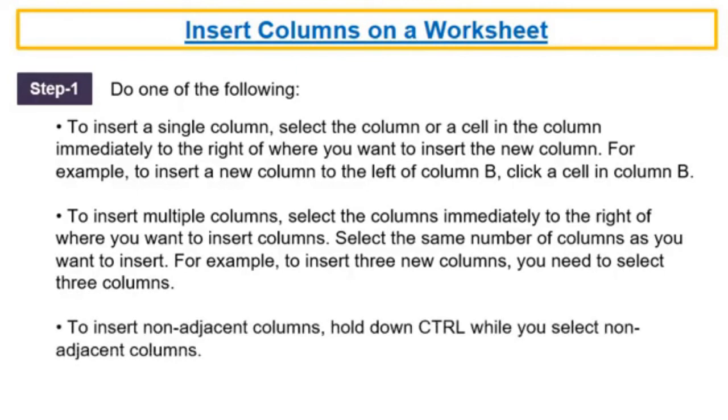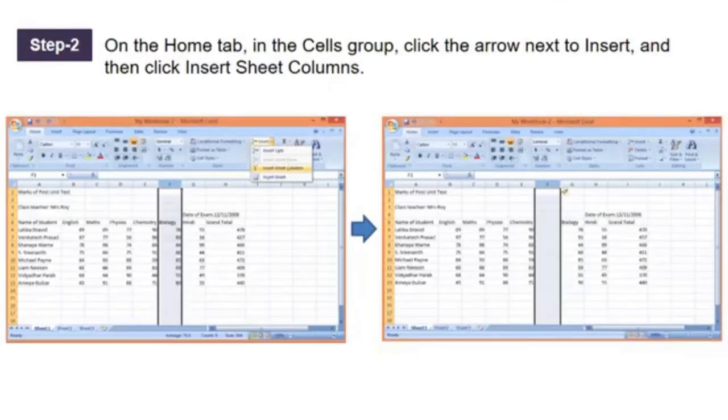To insert non-adjacent columns, hold down the Ctrl key while you select non-adjacent columns. Step 2. On the Home tab in the Cells group, click the arrow next to Insert and then click Insert Sheet Columns.